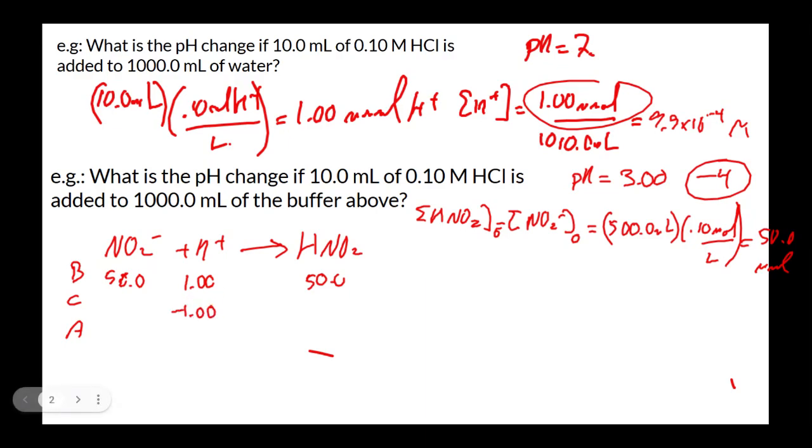The limiting reactant is the H plus, so we're going to lose a millimole of H plus from both reactants, and we're going to gain a millimole of HNO2, so that afterwards this comes down to 49.0 millimoles. There won't be any H plus left, and this will go up to 51 millimoles.